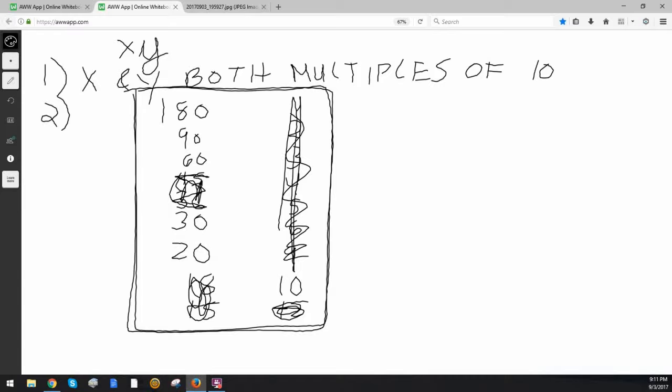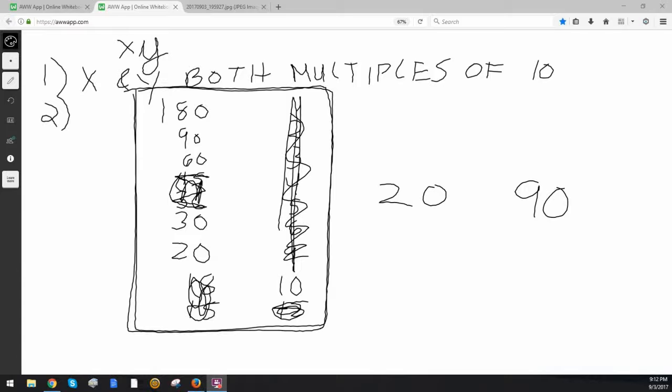Now we just have to find two of them that have 180 as their least common multiple. And it's going to be 20 and 90, because any other pairing that you take is not going to satisfy statement 1 and statement 2.